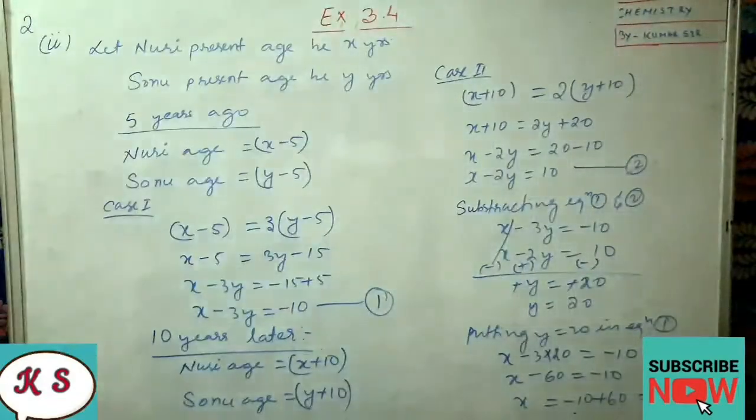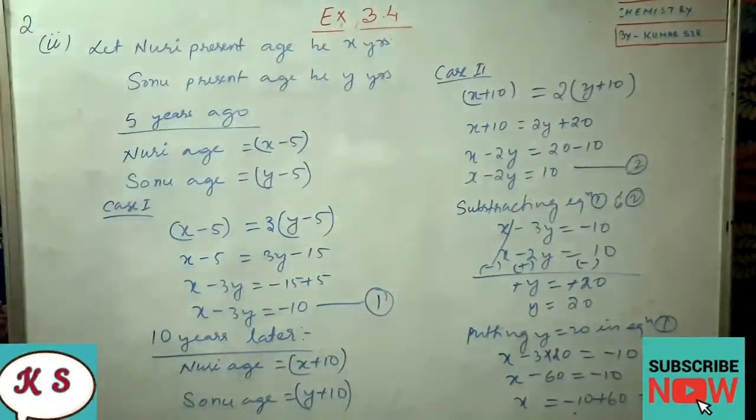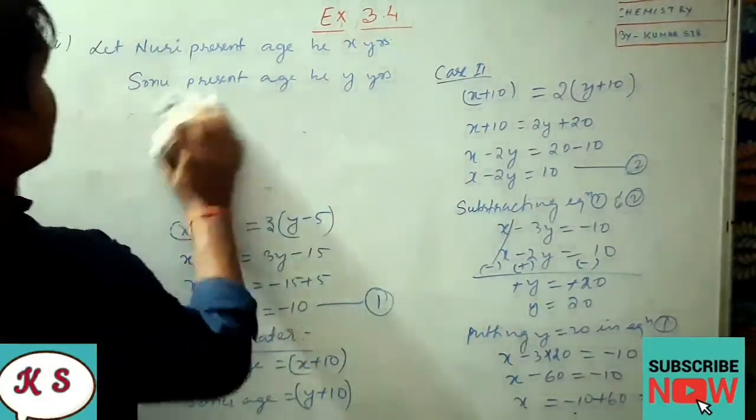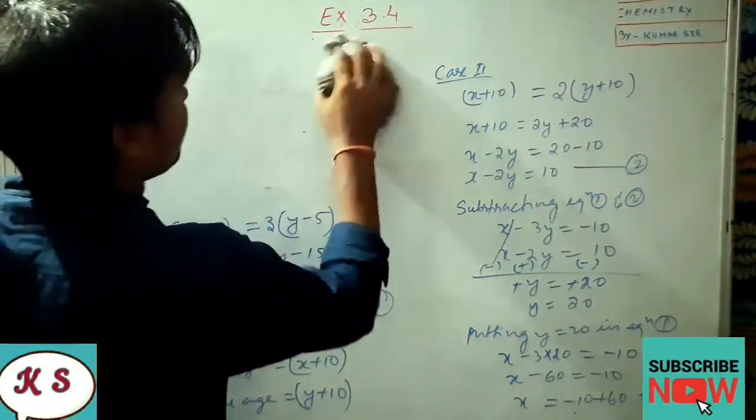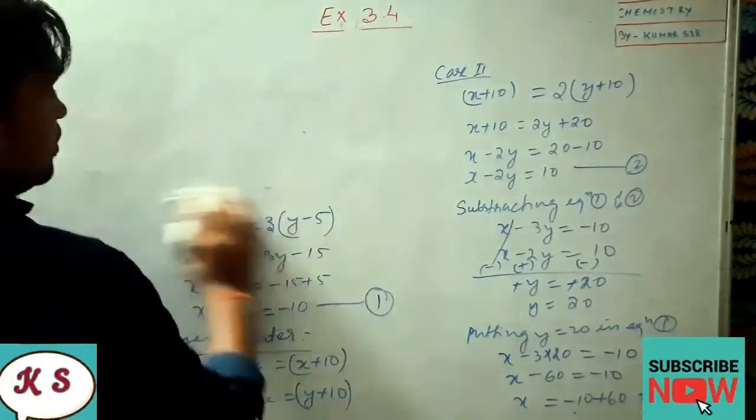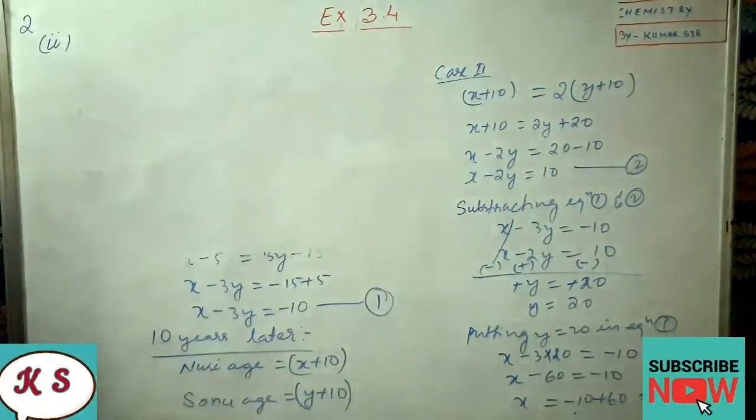Let me conclude. So x we got how much? 50. y we got 20. So we'll write, x is the age of what? Nuri. Okay, so you will be writing it here what?